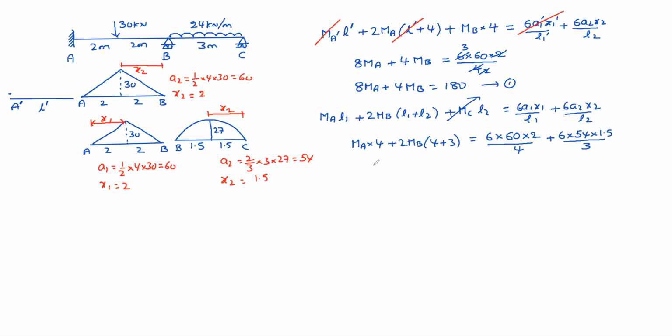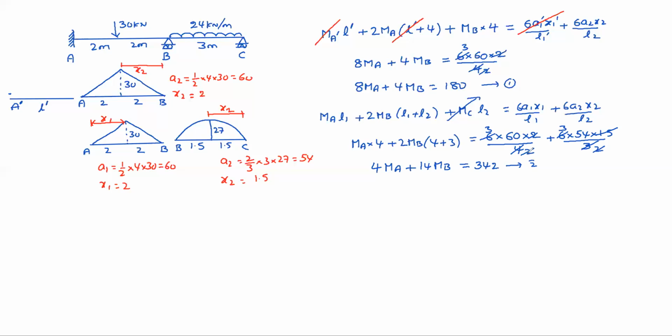That means 4 MA plus 14 MB equal to 2 2s, 2 3s, 1.5 2s, 2 3s, 180 plus 162, 342. Equation number 2.